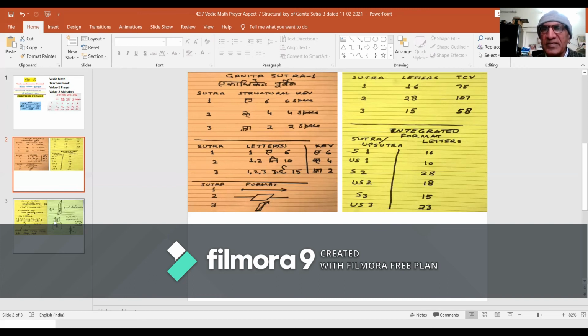These features will help us have an insight as to how the structural keys and the mathematical domains of these sutras and upsutras make a mathematical integrated domain. The integrated mathematical domain of the sutras and upsutras is being reached in terms of this integrated format.